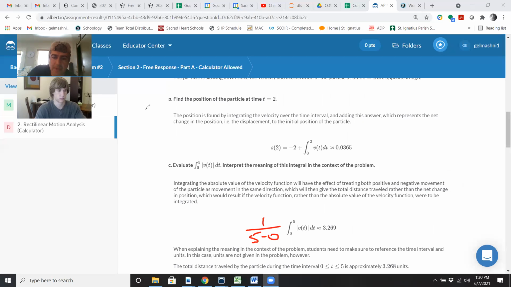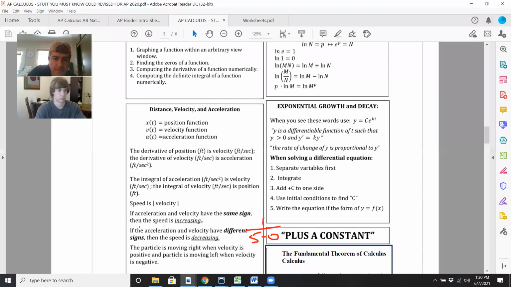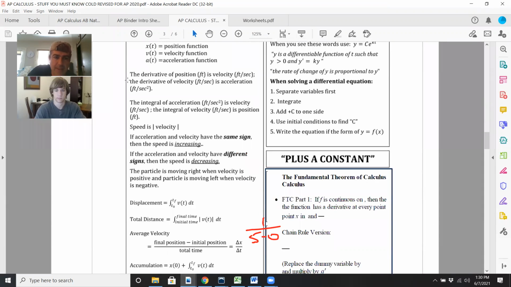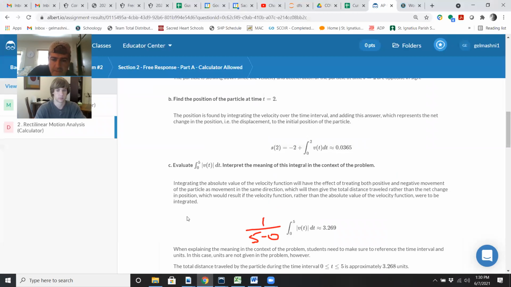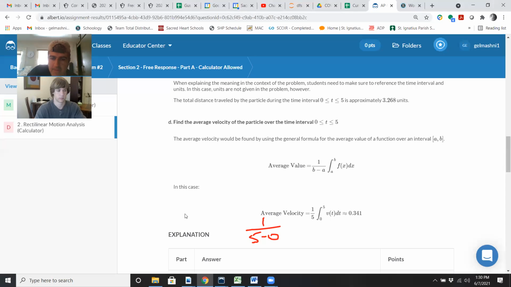This is why the cheat sheets can be your best friend. It's right here. My bad, that's the total distance during that time interval from 0 to 5. I round to 3 decimal places, or cut off at 3 decimal places. And then the average velocity, that's where you do 1/5 minus 0.